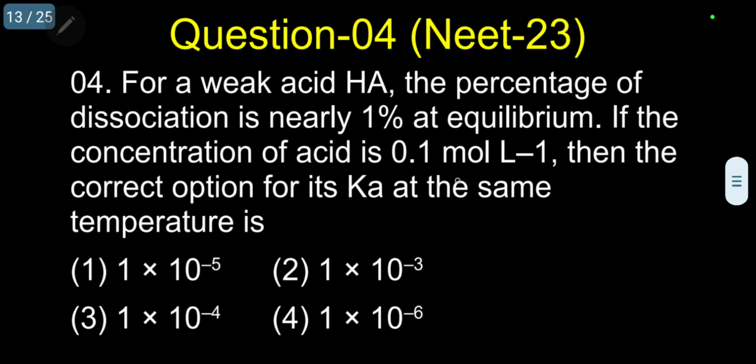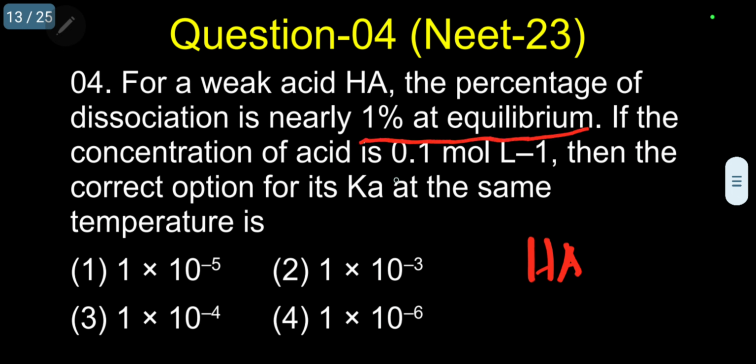Question number 4. This was asked in NEET 23 under equilibrium. For a weak acid HA, the percentage of dissociation is nearly 1% at equilibrium.